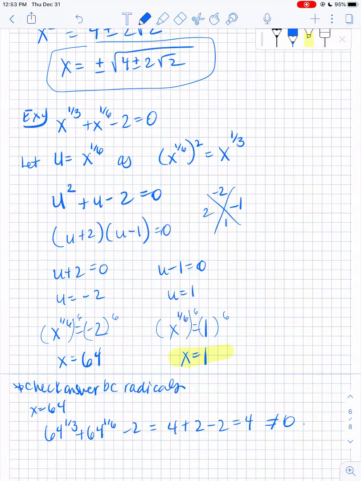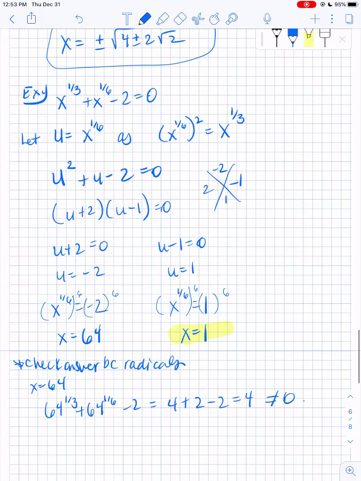So that's all right. Now we're going to do u substitution with some fractional powers. So I have x to the 1/3 plus x to the 1/6 minus 2 equals 0. So in this case, I'm going to try to figure out how to get it into a quadratic form.